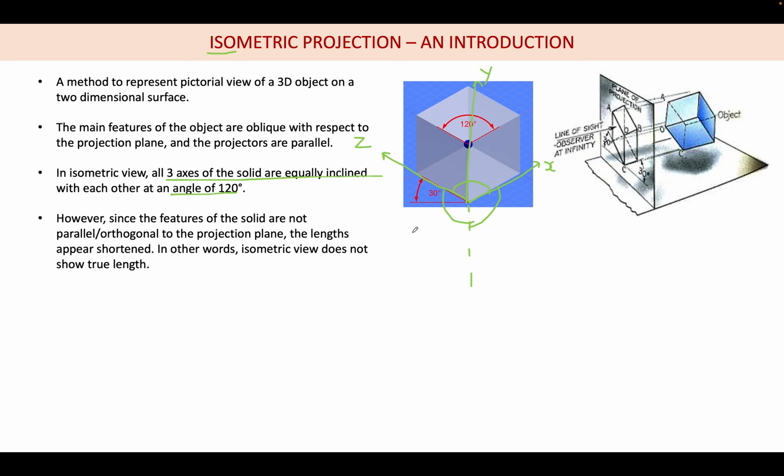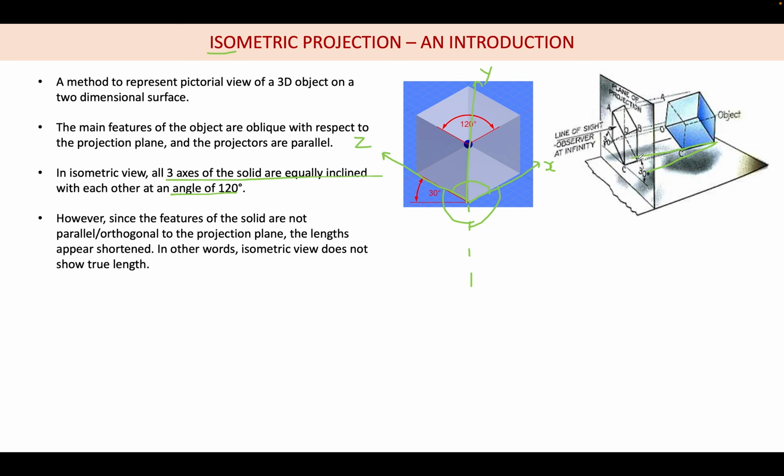But one small problem with isometric projection is the feature of the solid. How we get the isometric projection is that you incline the object with respect to the plane of projection, but the projectors are parallel. Since the object is inclined, if you take the length of this, it will be projected like this and this will be projected like this.